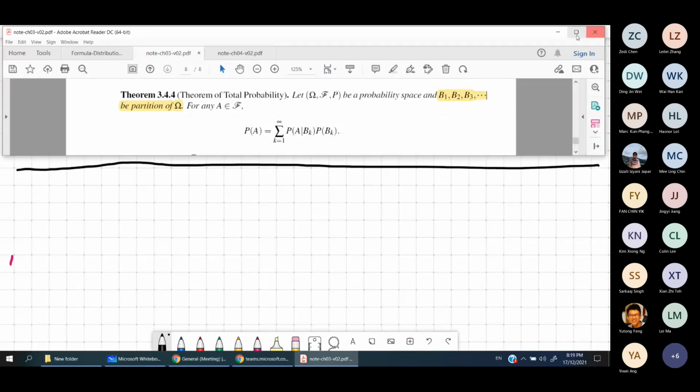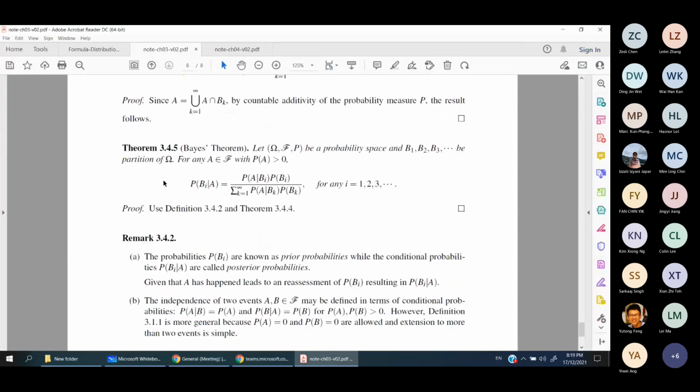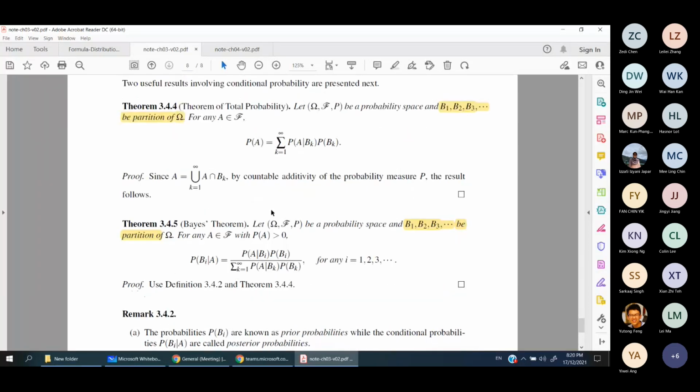Okay, the last theorem will be this. This is one of the important formulas in probability theory, the Bayes theorem. Again, let's say all these B_i form a partition for Ω, and if A is any event, we can have this relationship, which can actually be obtained from here.